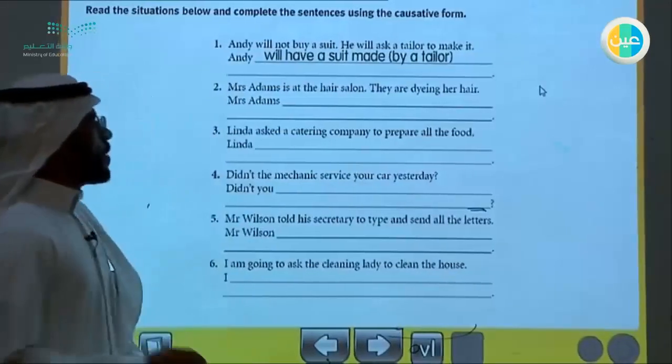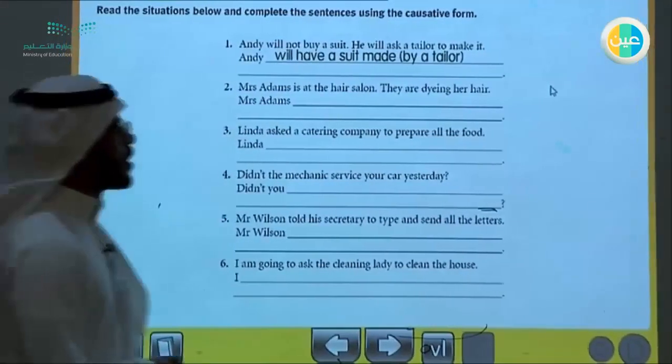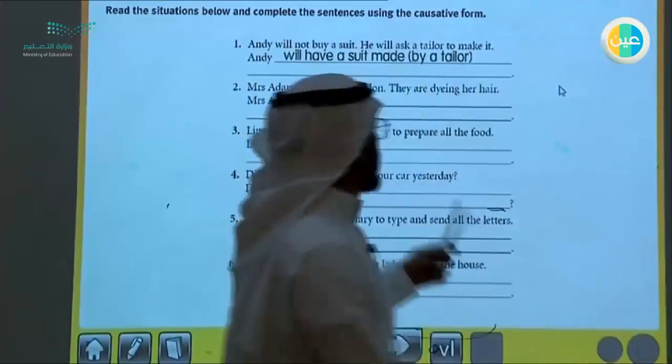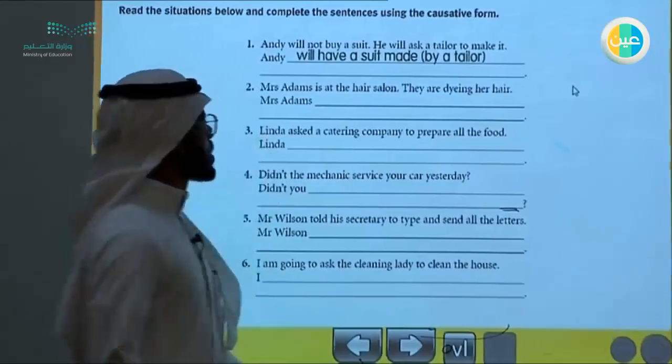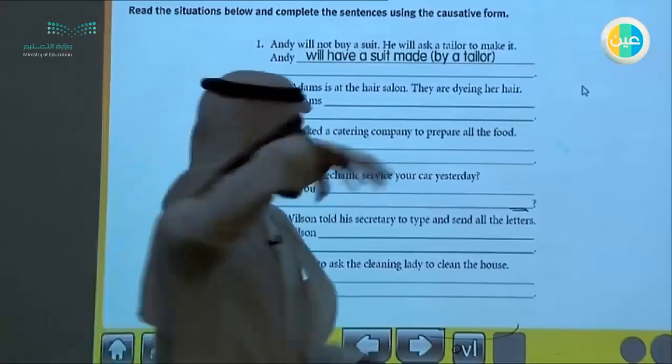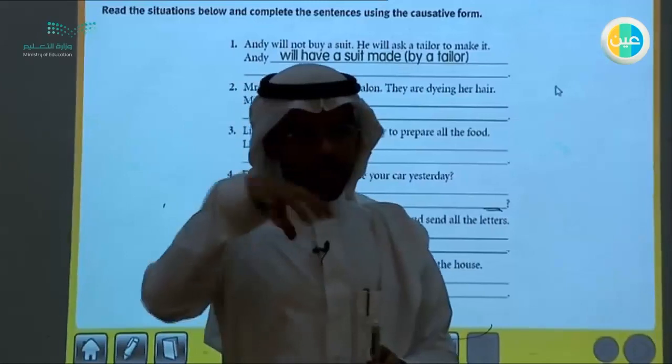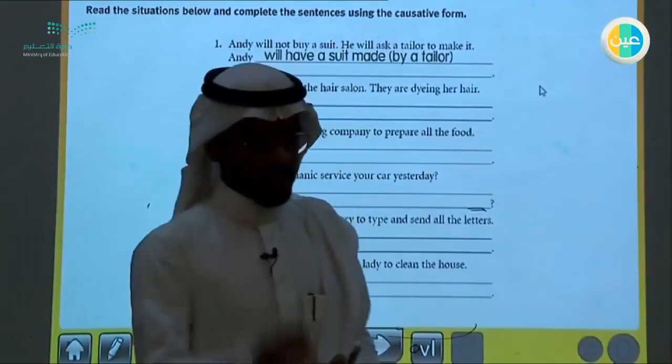Number two, Mrs. Adams is at the hair salon. They are dyeing يعني تصبغ her hair. Mrs. Adams الآن هي تصبغ شعرها. They are dyeing. هم الآن يصبغون شعرها. يعني الحدث هذا متى يحدث أو أي زمن. This is present progressive.